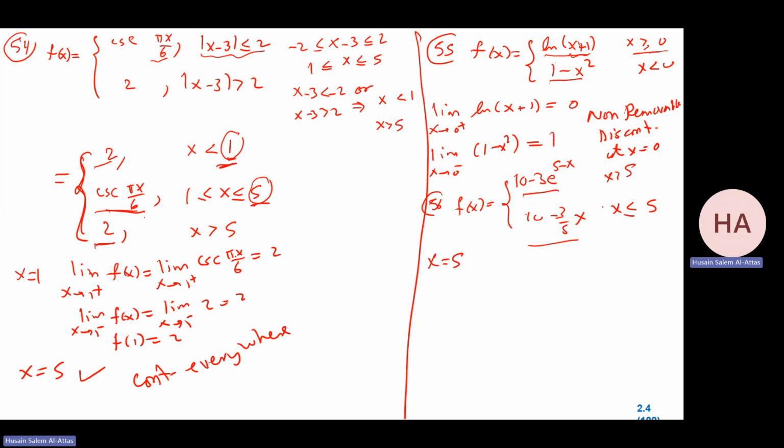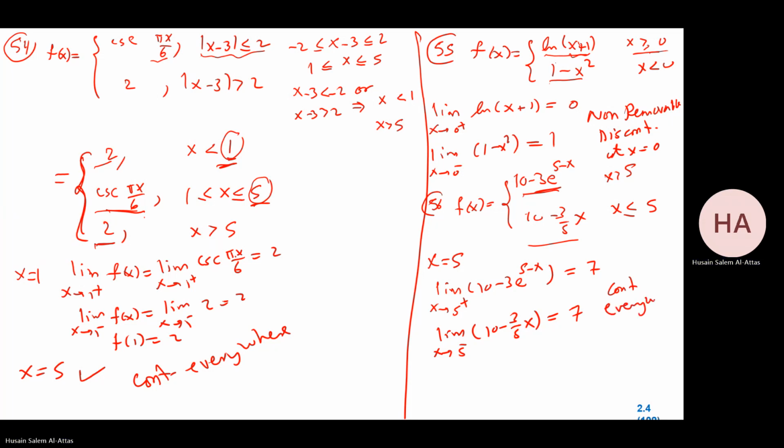And the limit from left, it will be 10 minus 3, which is 7. With the function, that will be 10 minus 3, which is 7. So it's continuous everywhere, like the one above it, 55.